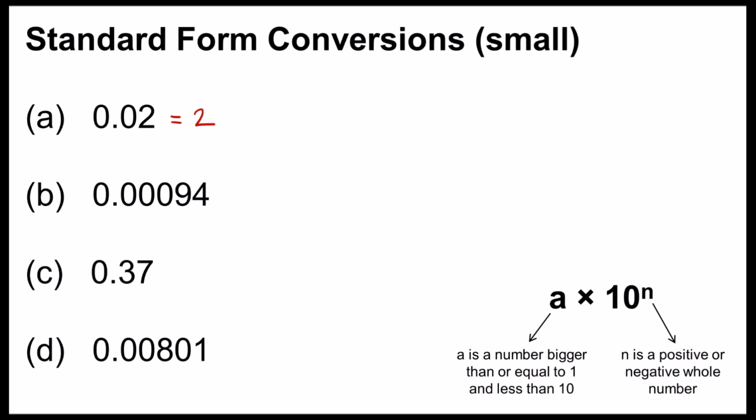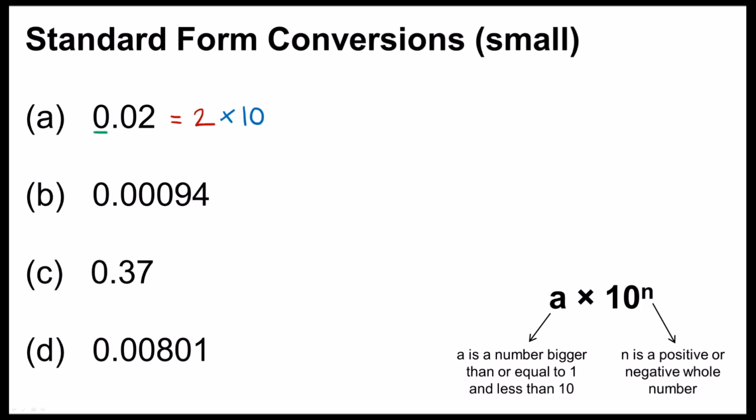The next thing is to write the multiply by 10. And the final part is to think about how many times I need to divide 2 by 10 to get the answer 0.02. Now, there is a trick for doing this, which is to simply count the number of zeros that appear at the front of your digits, including the 0 at the start.